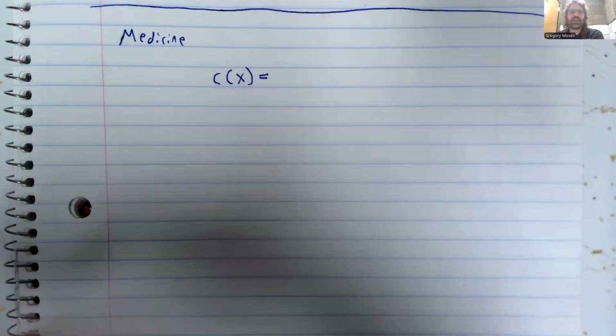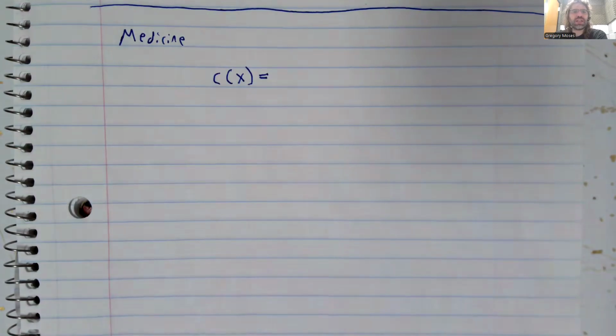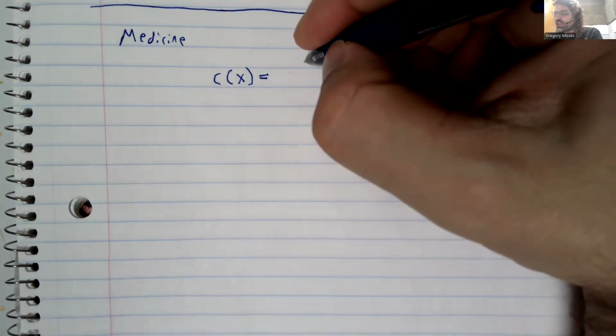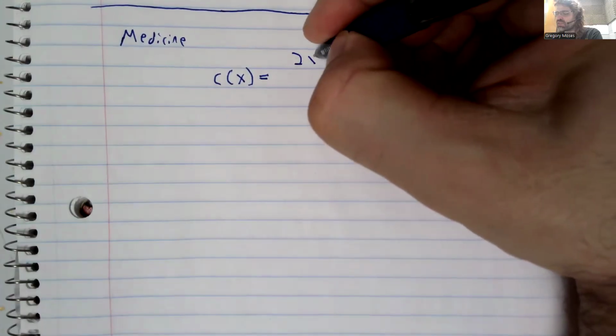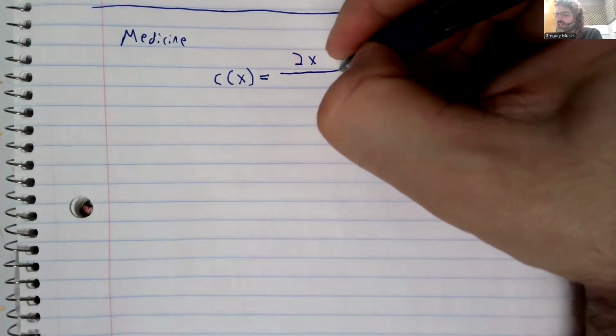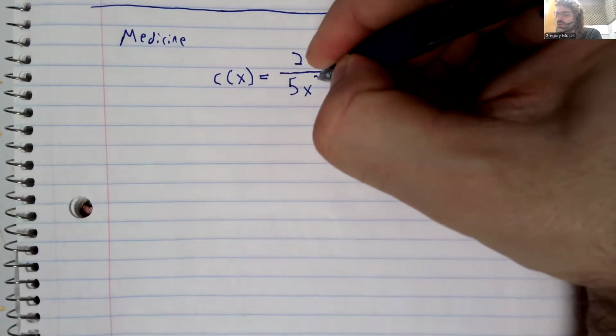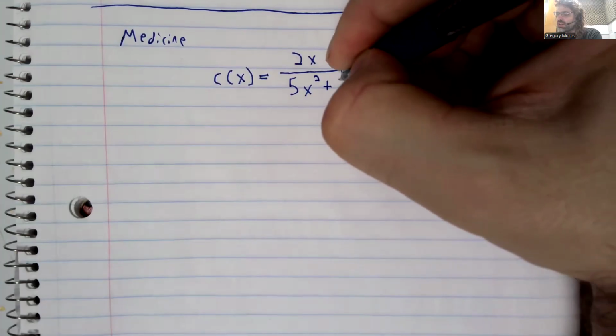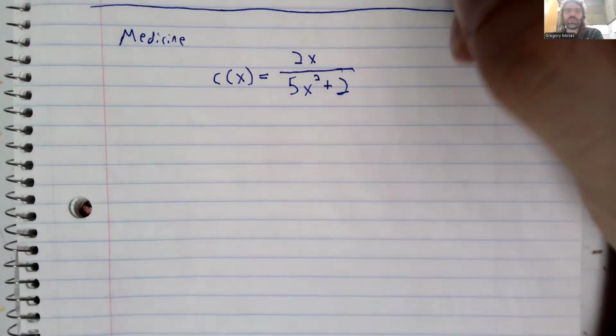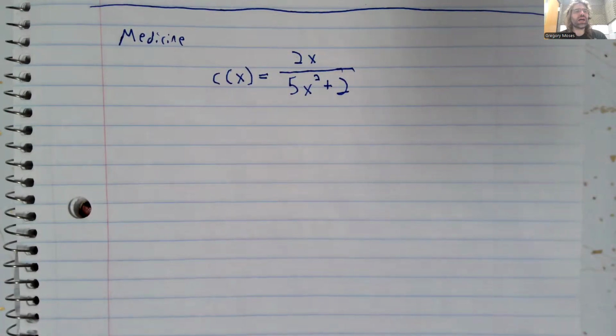So drug concentration curves often end up looking something like this. C of x equals a number times x divided by a number times x squared plus a number. So we'll use 2x divided by 5x squared plus 2.